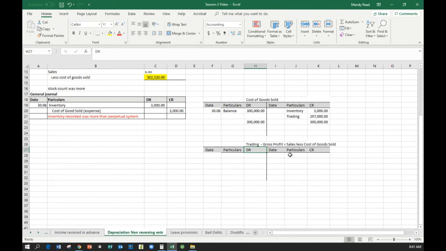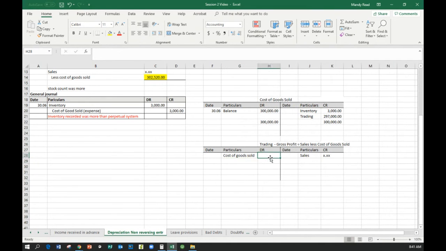So when we close sales off to the trading, sales will go off to the trading account on the credit side. Okay. All our expenses associated with the cost of goods sold will get closed off to the trading account on the debit side. Okay.